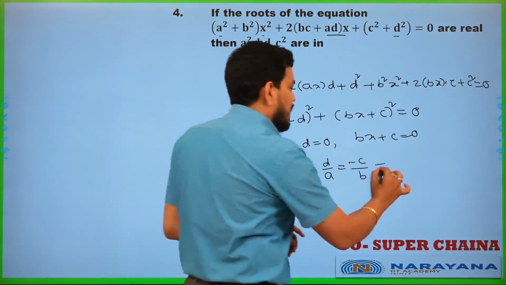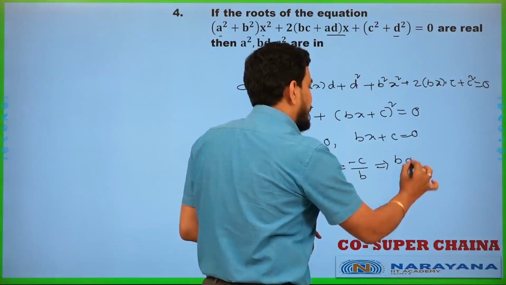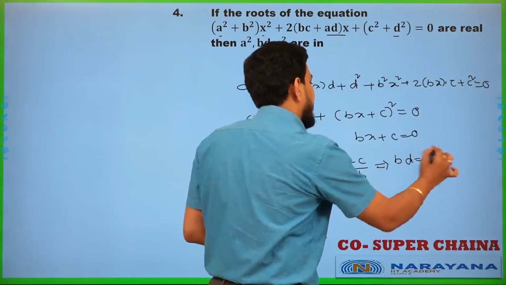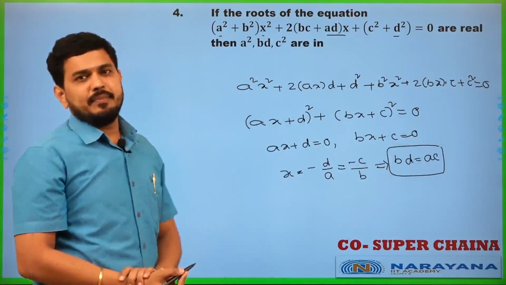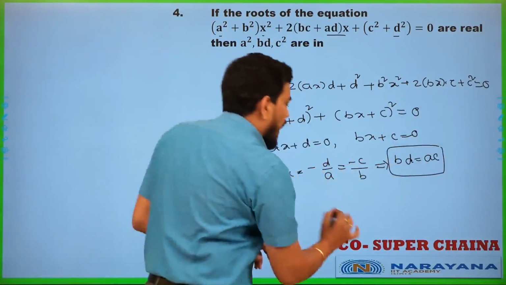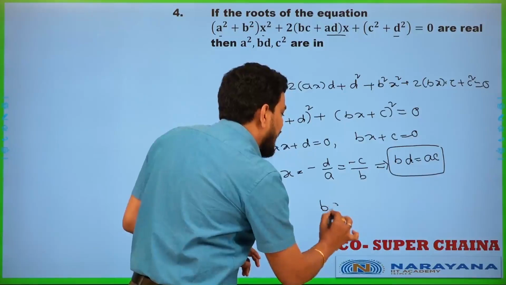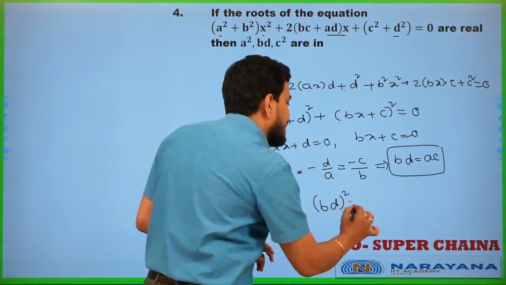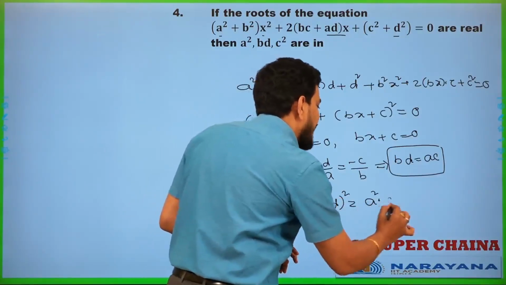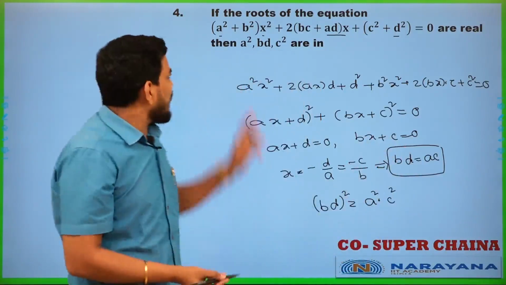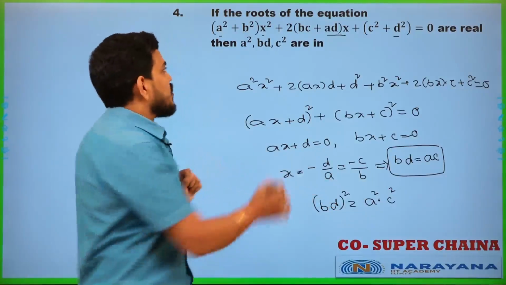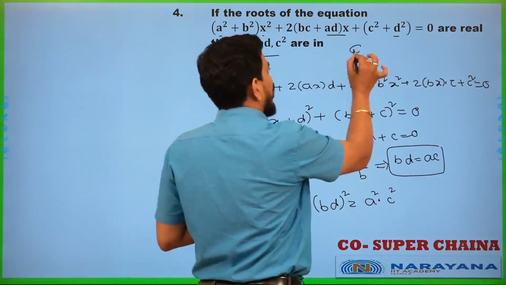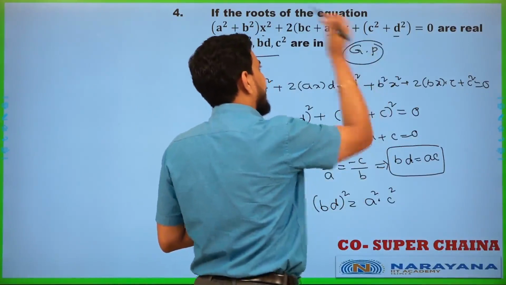So from here I can say BD is equal to AC. Now let me square both sides. BD whole square is equal to A square into C square. Look here now, A square, BD, C square, so these are in geometric progression.